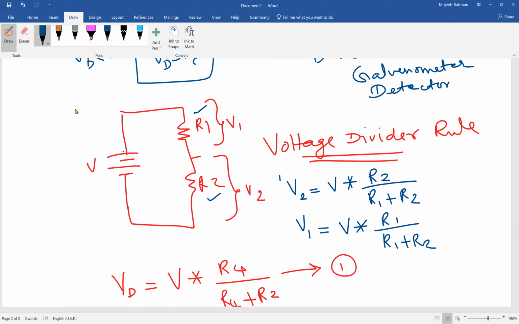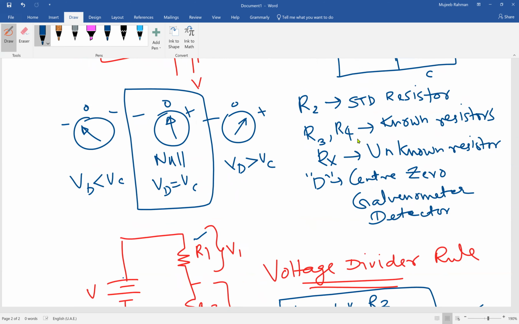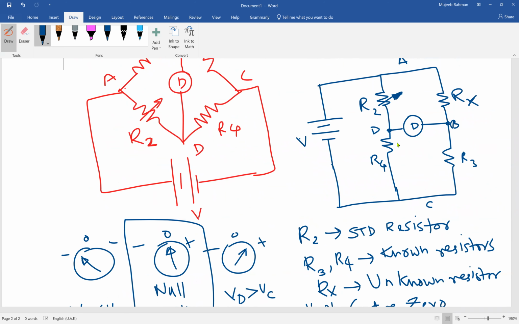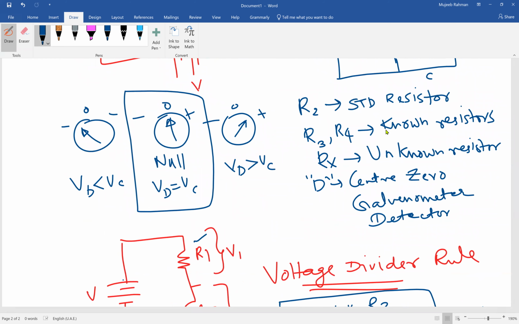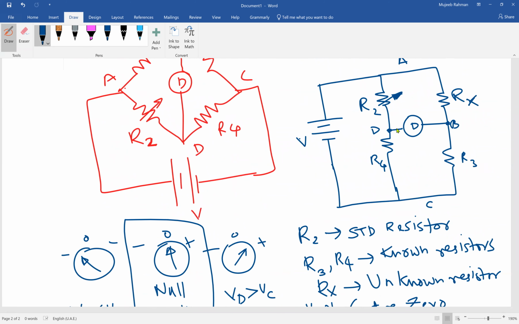This is a fundamental law, and if we apply it, our circuit will be like this, because we have one section here and another section here. By applying this rule two times, we'll be able to find the voltage at D and the voltage at B. To calculate VD, we apply it between R4 and R2, and we are interested in the voltage across R4.